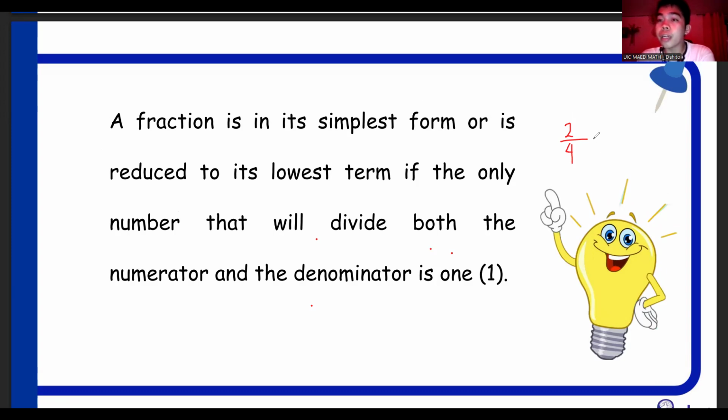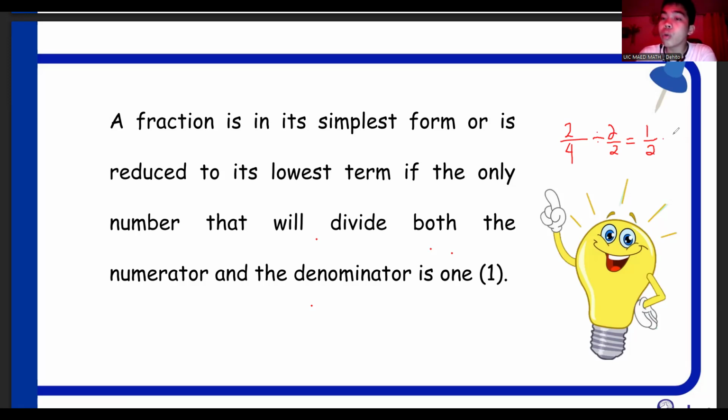Can you find a number that when you divide 2/4, pwede siya i-divide both numerator and denominator? Let's divide it by 2. 2 divided by 2 is 1, and 4 divided by 2 is 2. Now, since we were able to divide the numerator and denominator by the same number, it means that it is not yet in our simplest form.